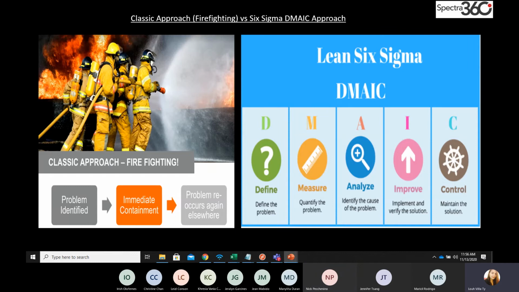Of course, the problem is fixed, only to realize that the problem recurs elsewhere or sometime in the future. That's something we don't want all the time. If possible, we would want to adopt the DMAIC methodology, the Lean Six Sigma methodology, which is define, measure, analyze, improve, and control.